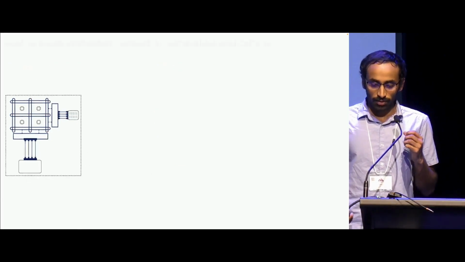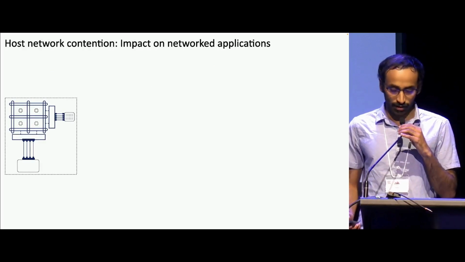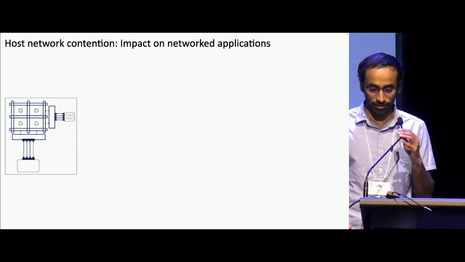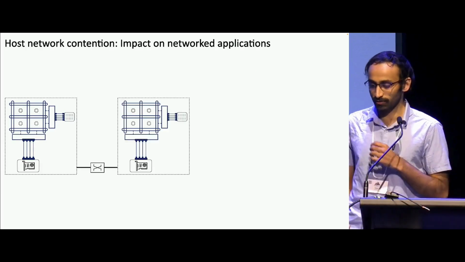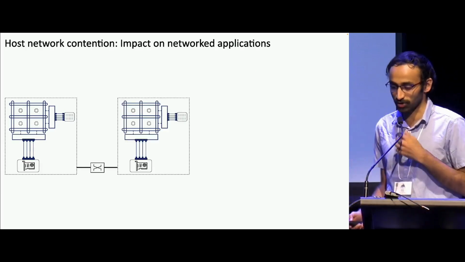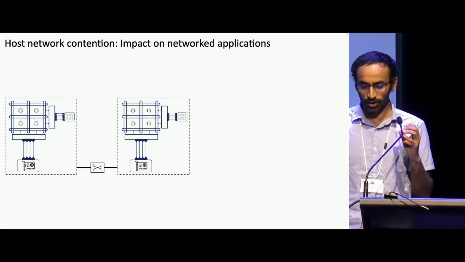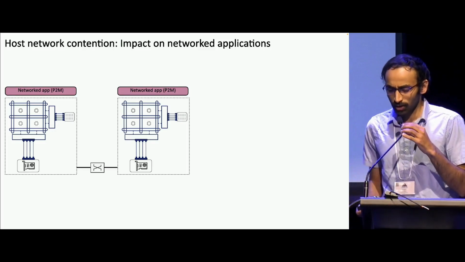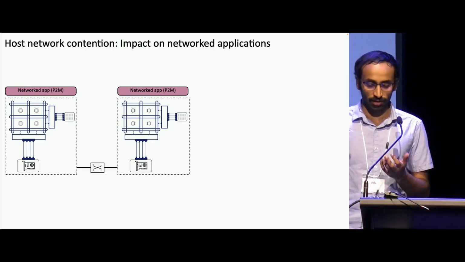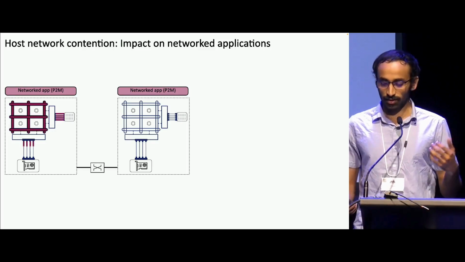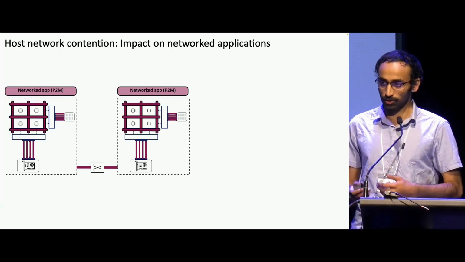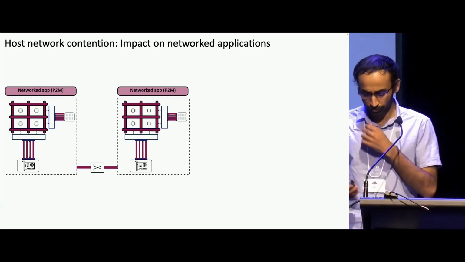Now, several recent reports have shown that contention within the host network can significantly impact application performance. For example, if you have a networked application in a data center, where the host network forms the last mile of the data center network, the end-to-end data transfers between the memory of the sender and the memory of the receiver generate P2M traffic through the NICs on the sender and receiver side.